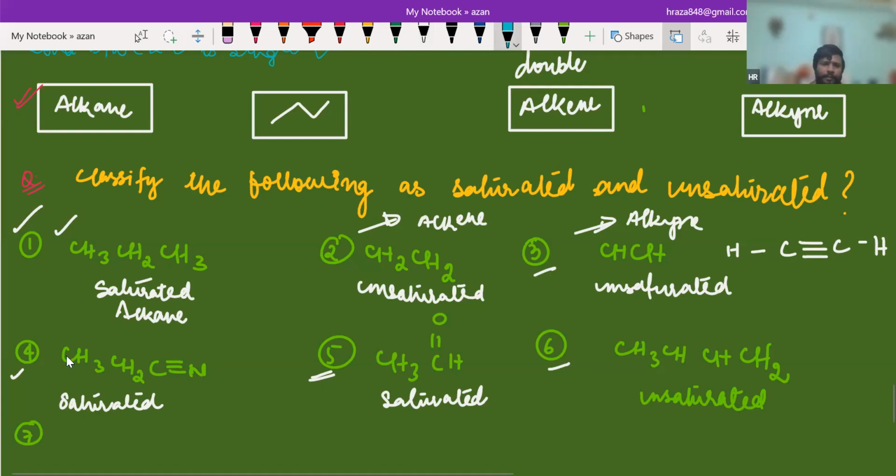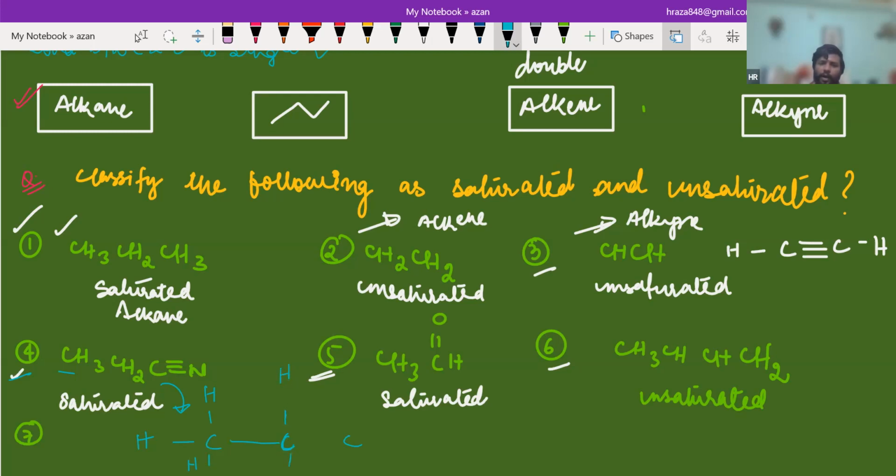Okay, sir. Now tell me about this. This is saturated. See why it is saturated. There is a carbon. This carbon has three hydrogens, so it is making three bonds. It only needs to make one more bond, so it will form only one single bond. Now the left carbon is satisfied. After this, the middle carbon has two hydrogens.